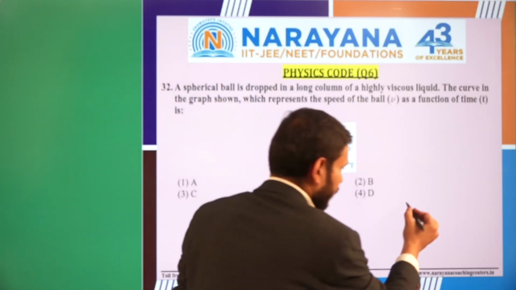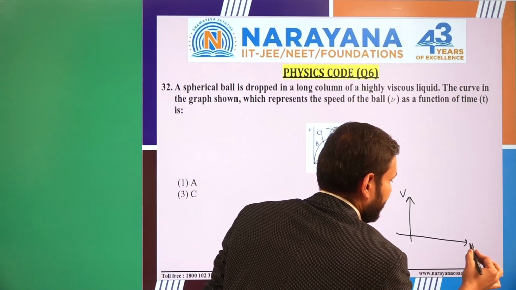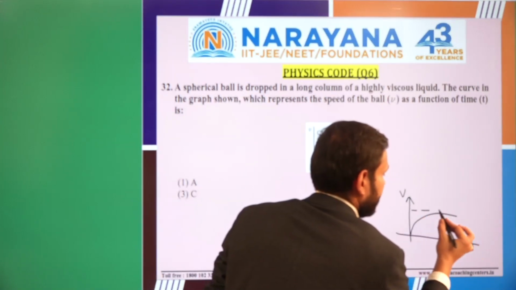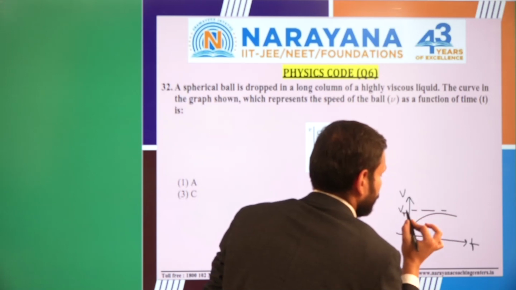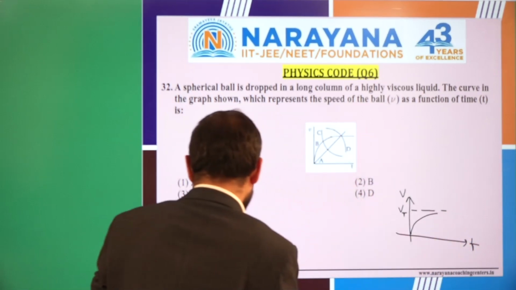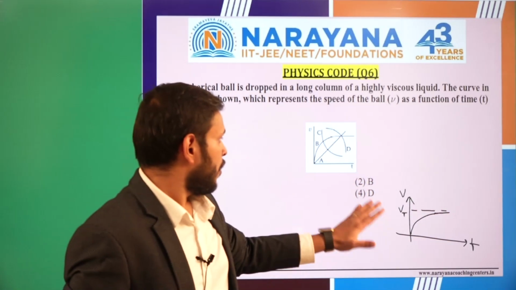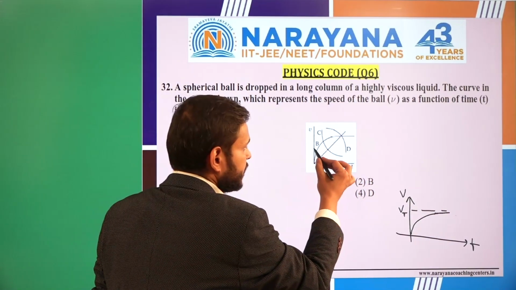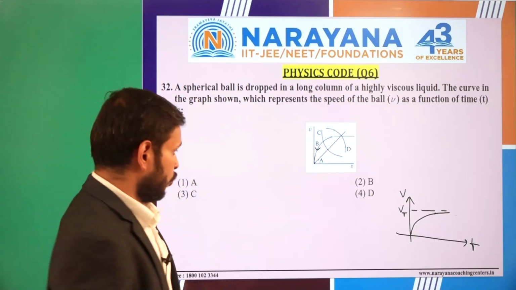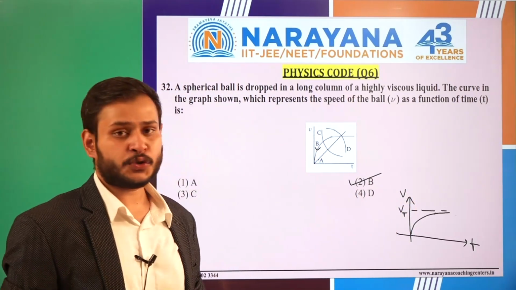The graph of velocity versus time should be something like this, and it will attain a constant value, the terminal velocity, somewhere like this. We see here option B is correct. So let's move to the next question.